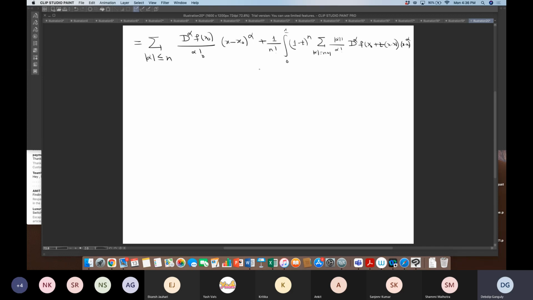Now we have to show that this term goes to 0 as n goes to infinity, then we can write the summation for any alpha you put. So we have to show that this remainder term goes to 0. This is the remainder term.